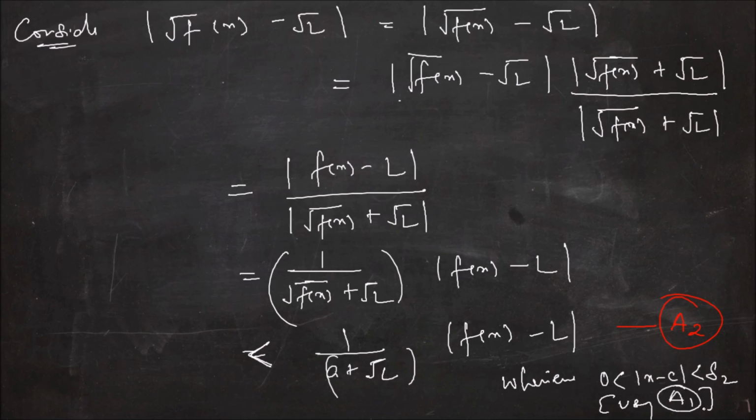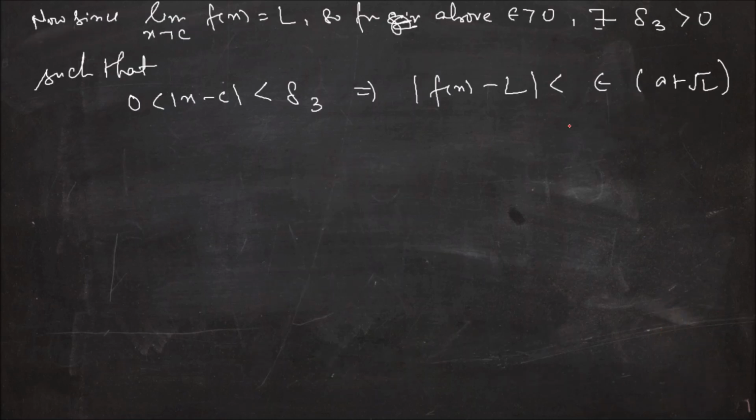So we have used a1 here. So this thing is holding only when 0 is less than modulus x minus c less than delta 2, and this is true using a1. Now mark this as a3.